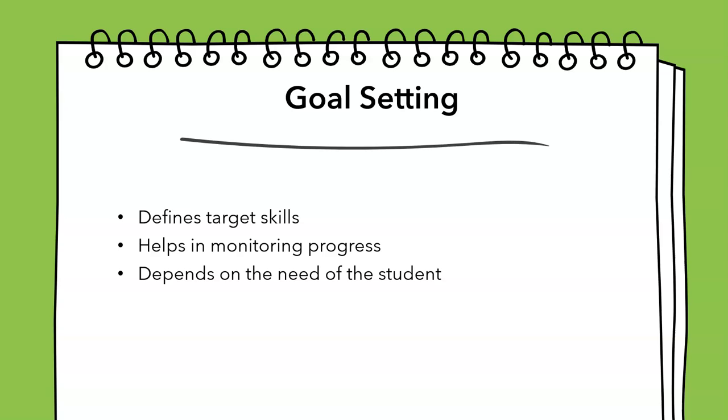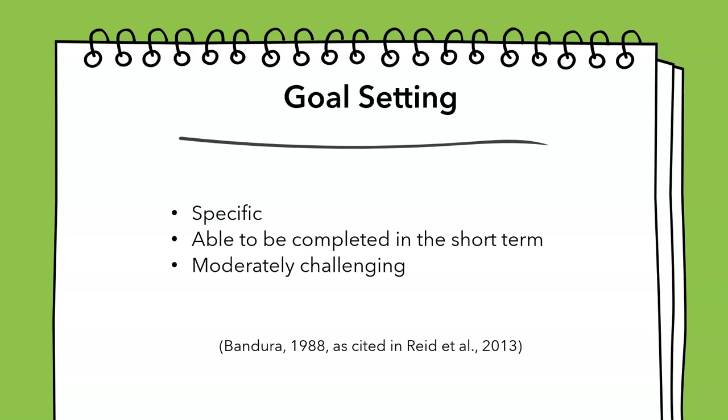This is going to depend on the skills and the knowledge of the student and what the student needs to develop. According to Bandura, goals should be specific, able to be completed in the short term, and should be moderately challenging, not too easy and not too difficult.